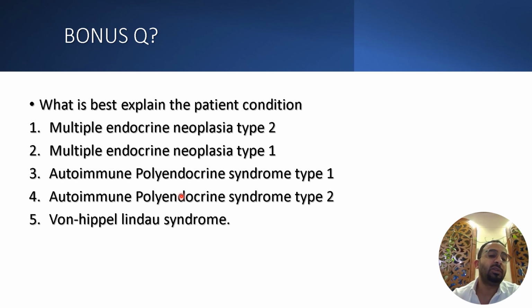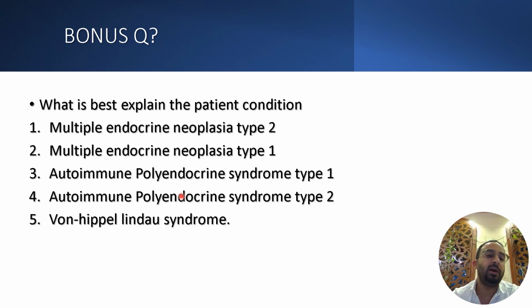Von Hippel-Lindau syndrome is characterized by the presence of bilateral pheochromocytoma, renal cell carcinoma, and also cerebellar hemangioblastoma.